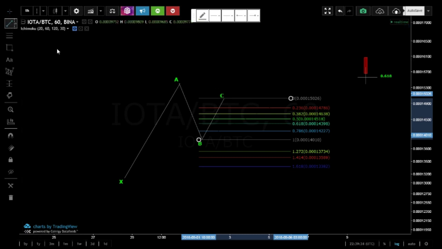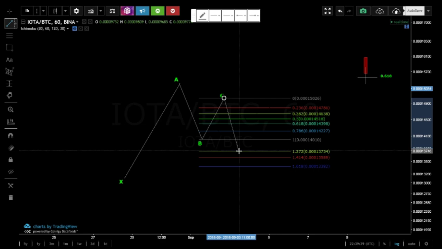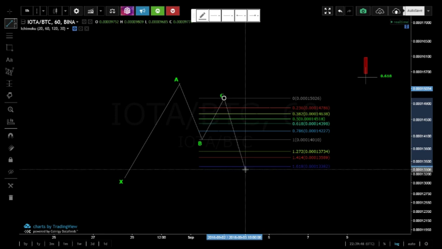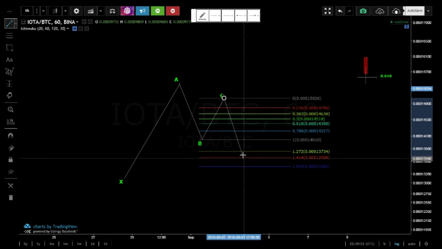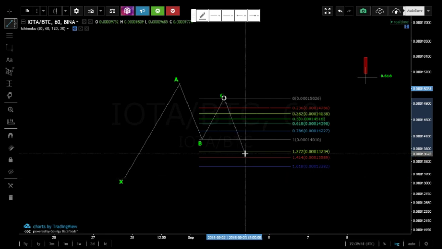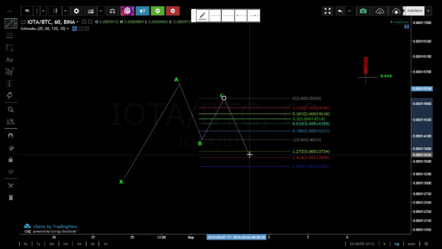So we want to see price moving down within this 1.272 down to the 1.618, but must not close below the 1.618 or get to X. So we might see something like the body of the candle closes between the 1.272 down to 1.618. So we can see something like this.